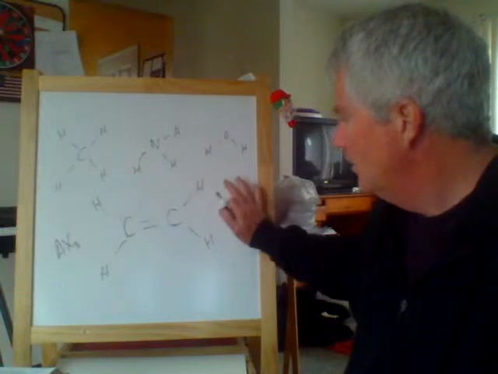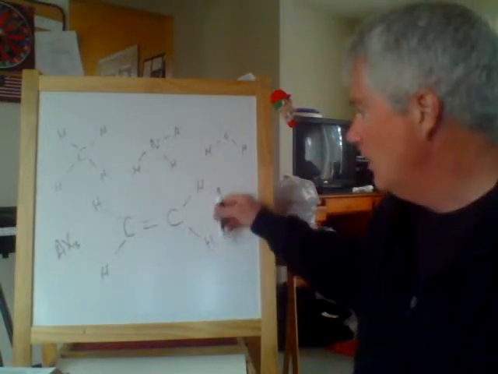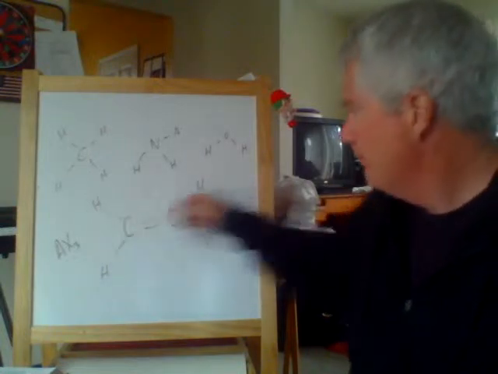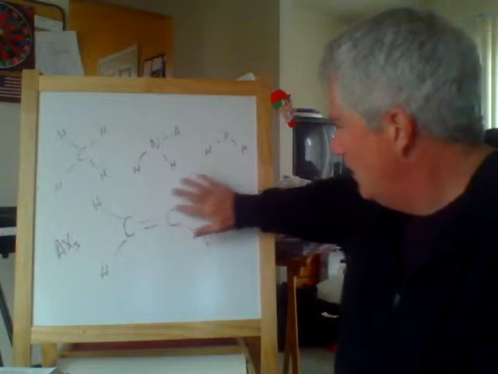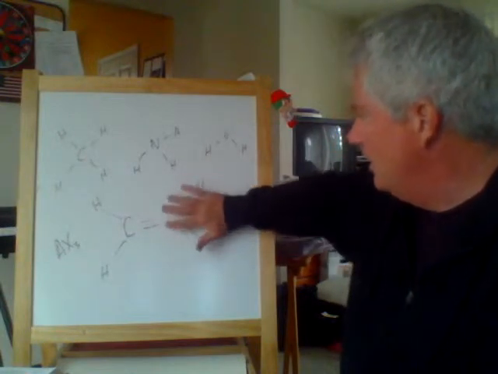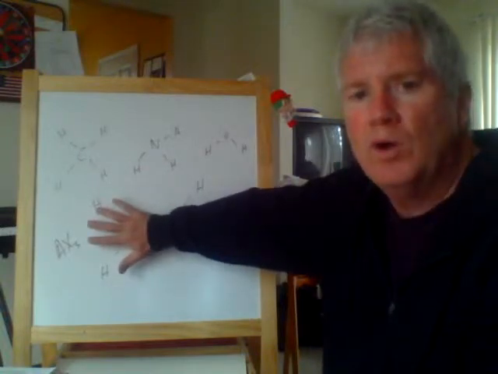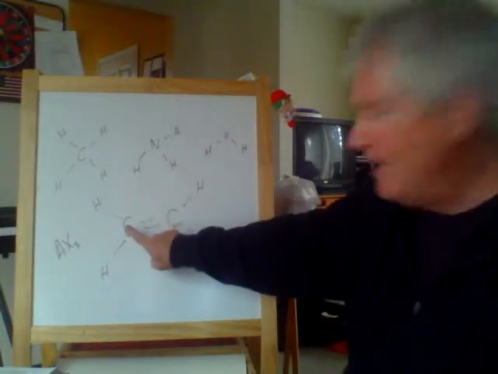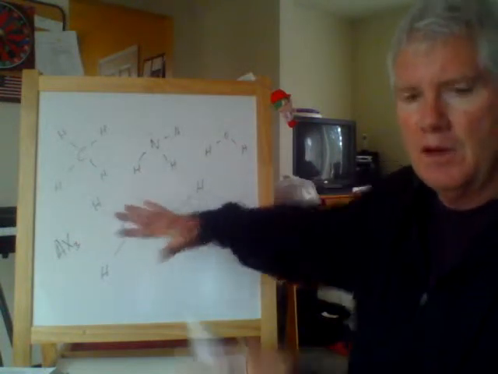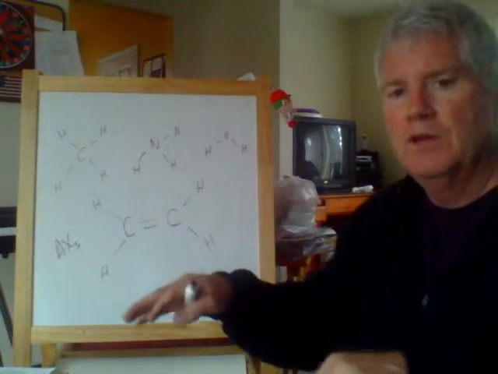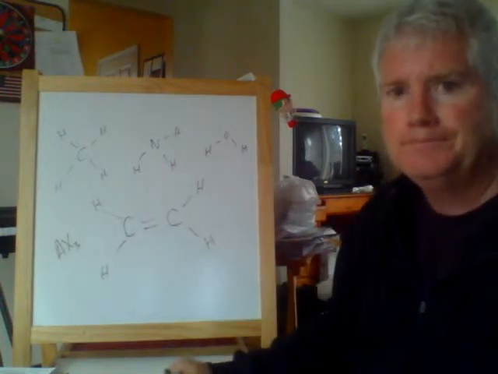What this means is the shape of the ethylene molecule is actually planar, because this carbon and its three entities are in one plane, and this carbon and its three entities are in one plane, and they happen to be in the same plane because they're bonded together. So the ethylene atoms all lie in a single plane.